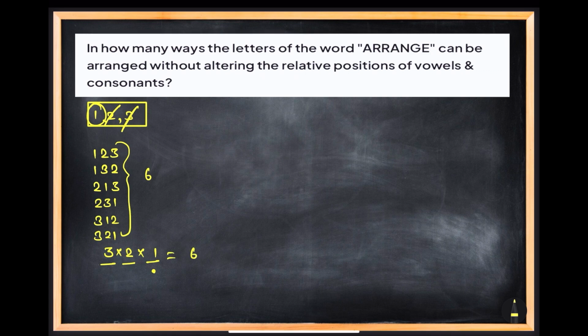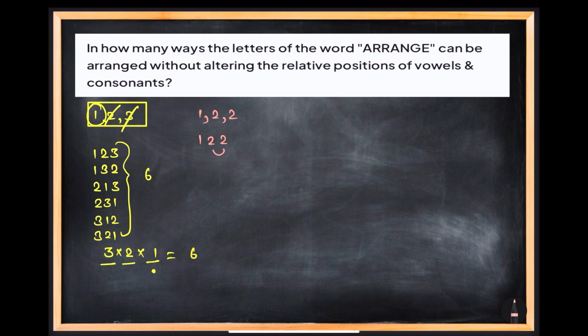So can I say that if we have 3 different letters, we will have 3 factorial ways to arrange them? Now look at this. If we have similar letters, means repeated letters, suppose that it is 1, 2, 2. How many new numbers can we create? Can I make 1, 2, 2? Yes.